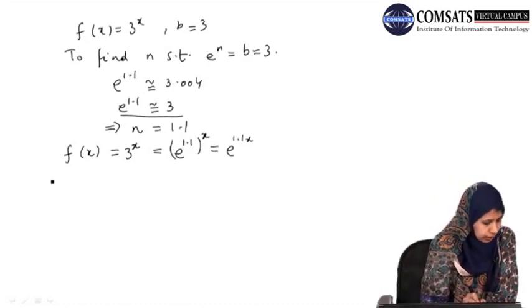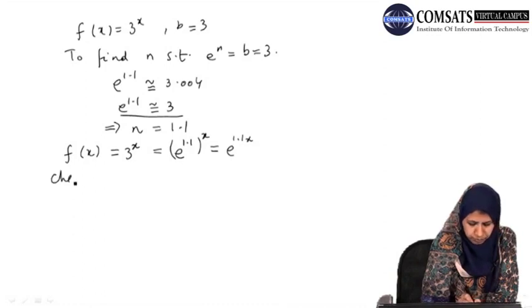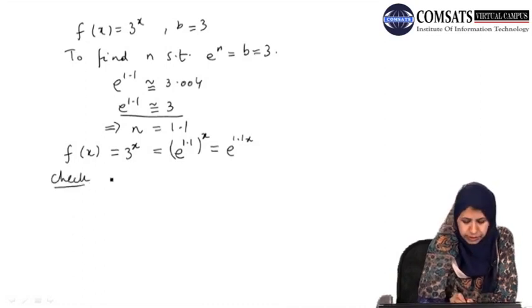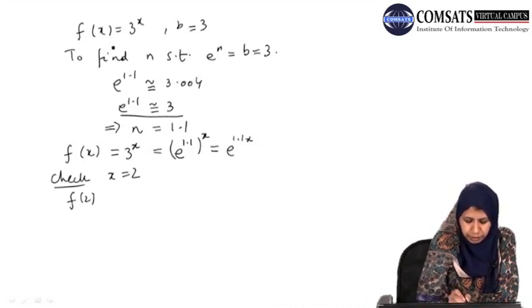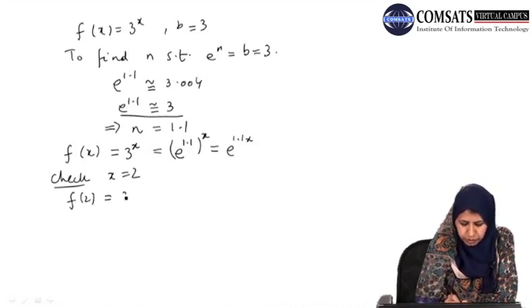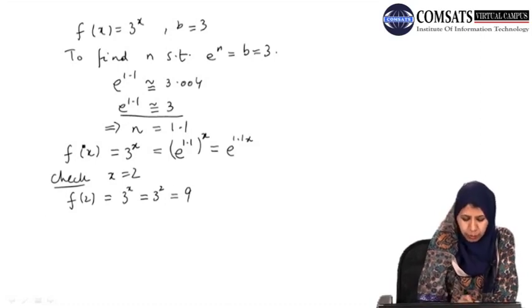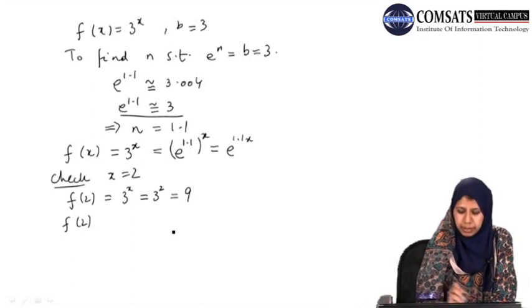If we want to check, then let's say at x equals 2, what will be f of 2 by the given function, that is 3 to the power x, which is 3 squared, which is 9. And what do we obtain after converting the function to base e?